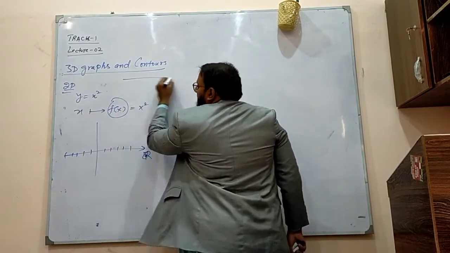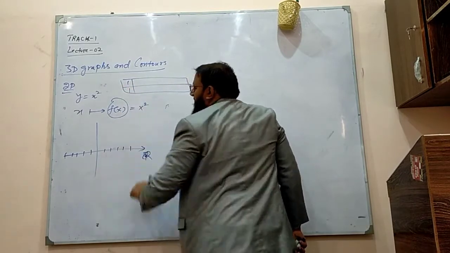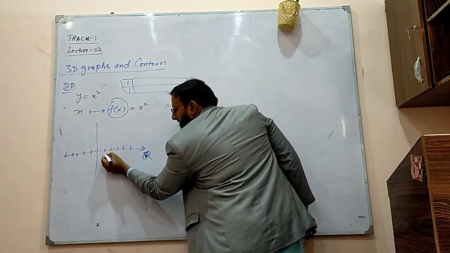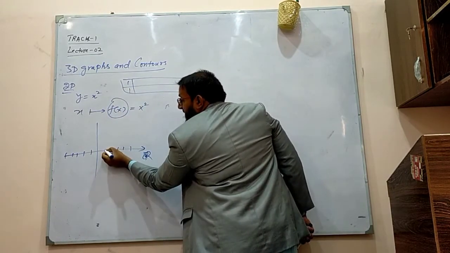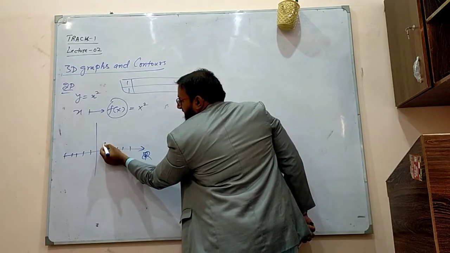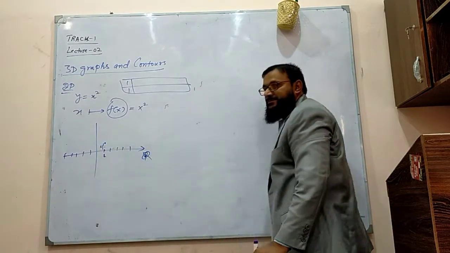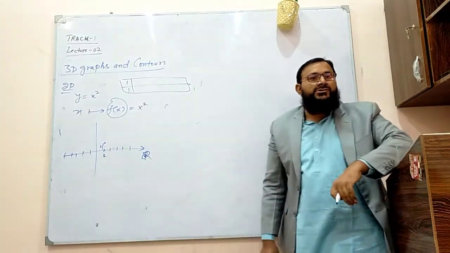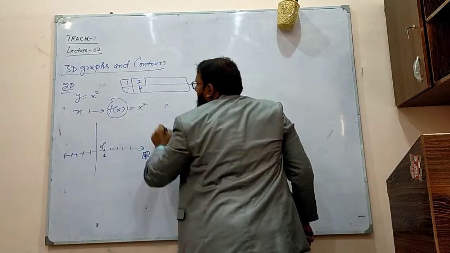If we put the value of x to be 1, the square of 1 is going to be 1. So I'm taking this point 1, and it represents one height above this point. It means this height should be equal to 1. And if I put here 2, that's going to be 4.